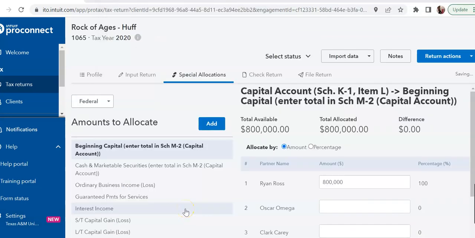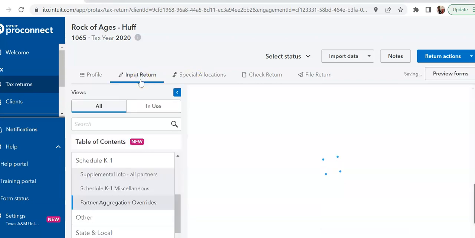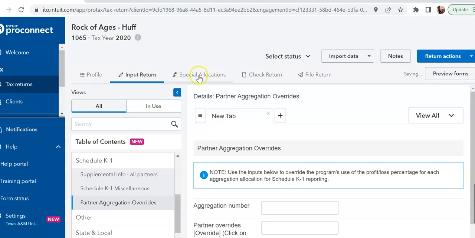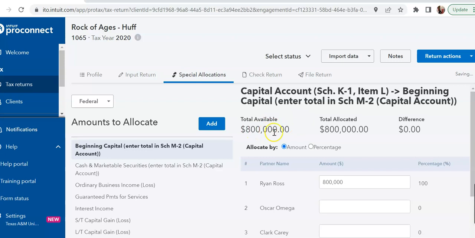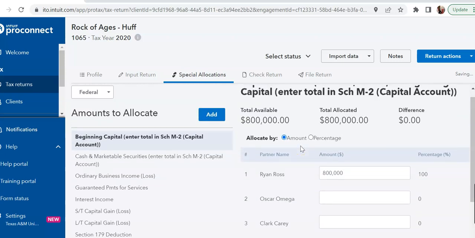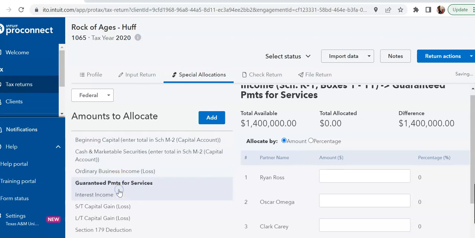Okay, so to allocate the $800,000 to Ryan Ross, we were over here at this input return. I clicked on special allocations, and then it popped up with who gets this 800,000, and also the guaranteed payment for services, and the 14 million popped up.